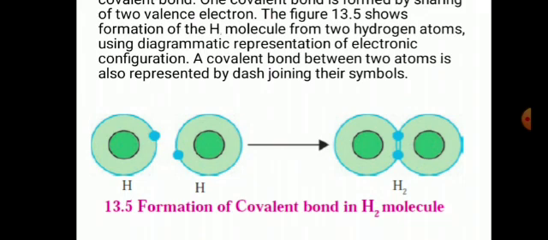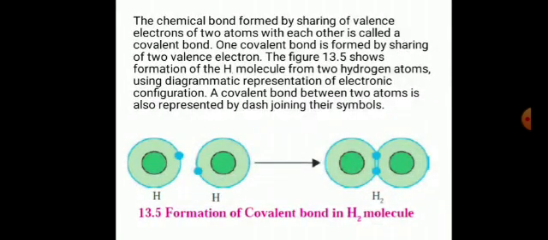A covalent bond between two atoms is also represented by dash joining their symbol. So if you write H dash H, it is understood that between two hydrogen atoms a covalent bond is formed. Clear to you how hydrogen molecule is formed from two hydrogen atoms?